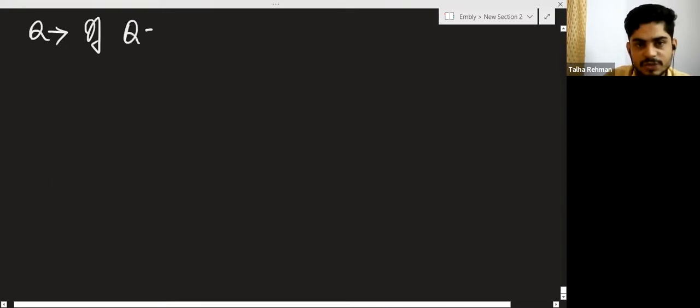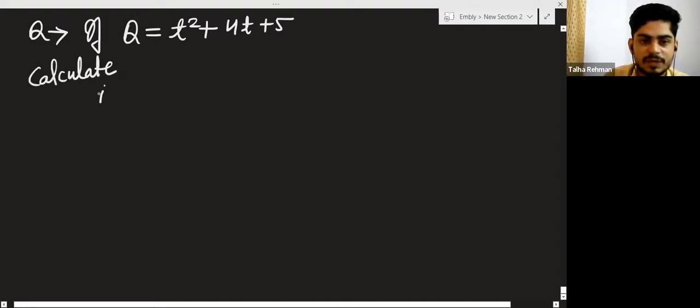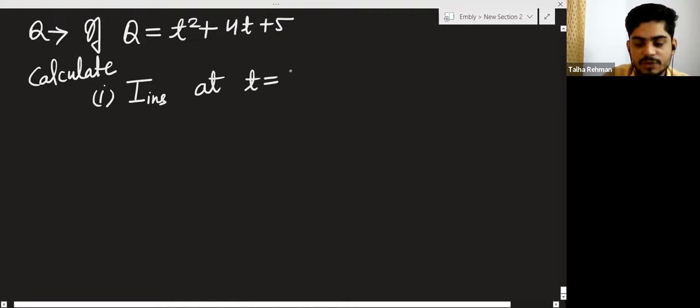If charge q is the charge, remember that q is the charge. If the charge is given as t square plus 4t plus 5, we have to calculate, number one, the instantaneous current I at t is equal to 2 seconds.